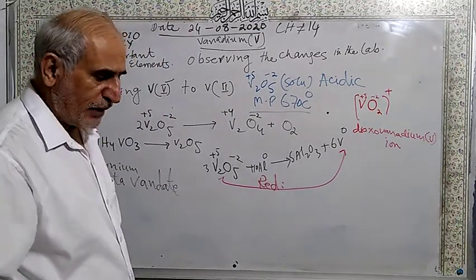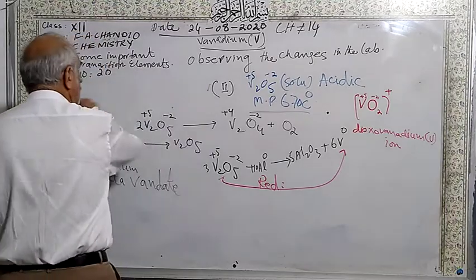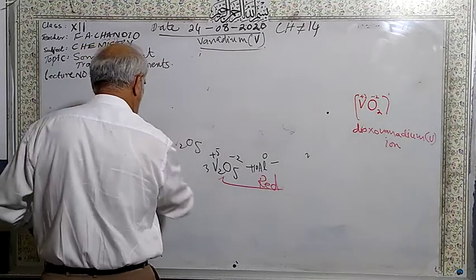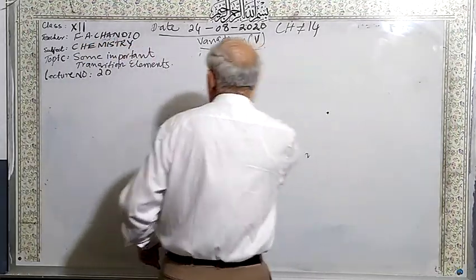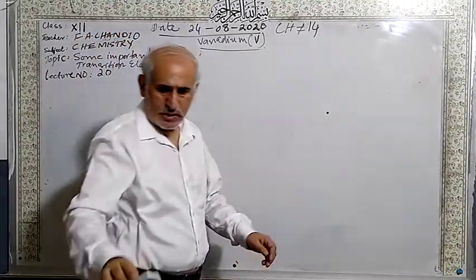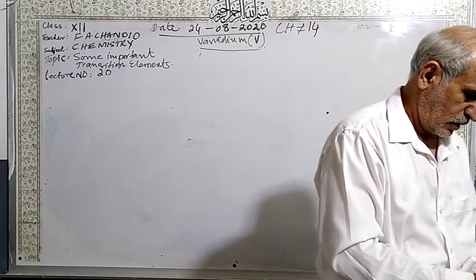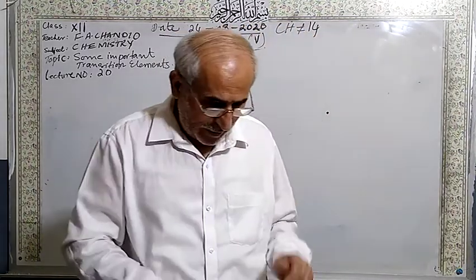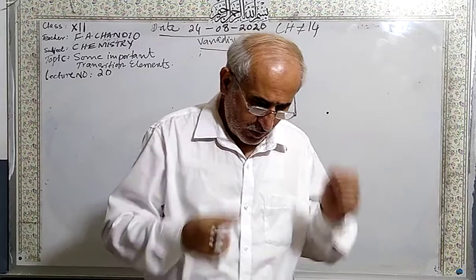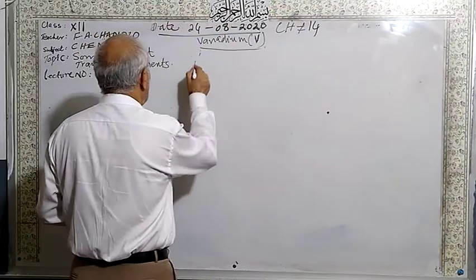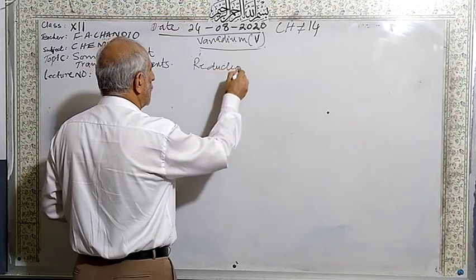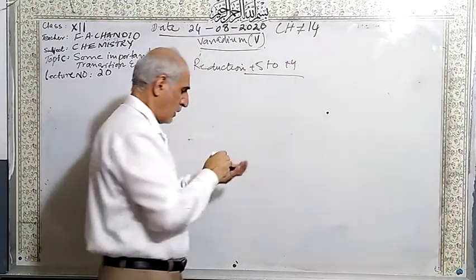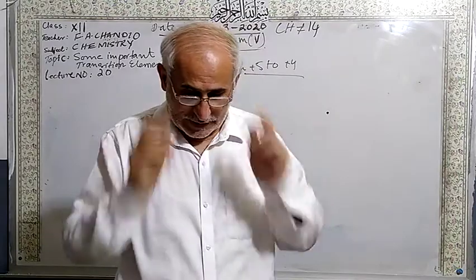Now here practically in the laboratory, how does this vanadium reduce from 5 to 4, positive 5 to positive 4 practically?